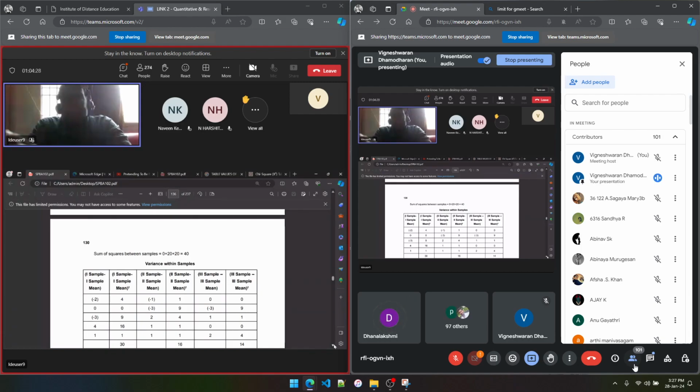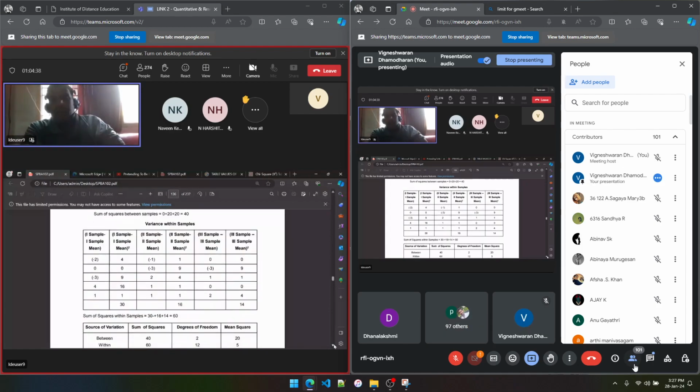Now you have to present one more table where we show the variance within the samples. First sample minus first sample mean, then that difference squared.